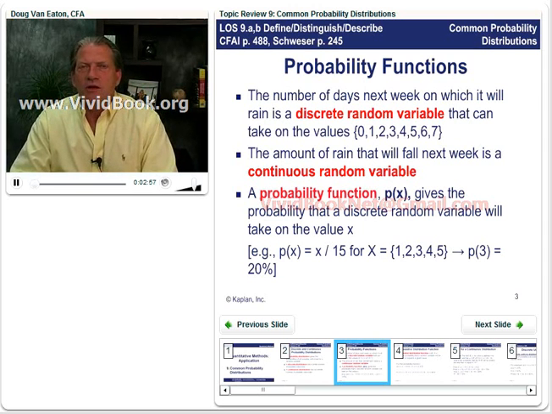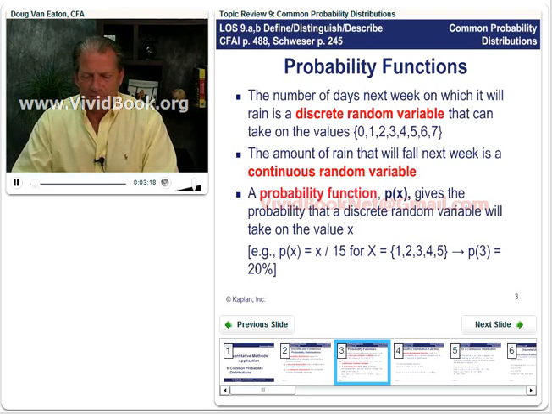Our probability of these 5 values that might come up is x over 15. So the probability that 1 will come up is 1/15. You see in the example here, the probability that 3 will come up is 3/15 or 20%. So that's a probability function.